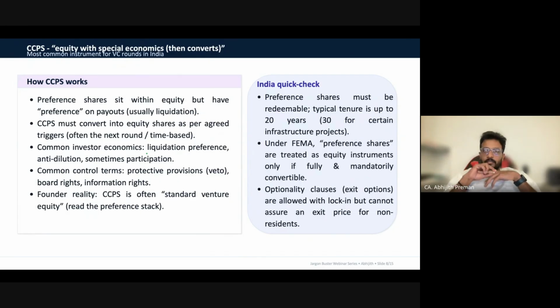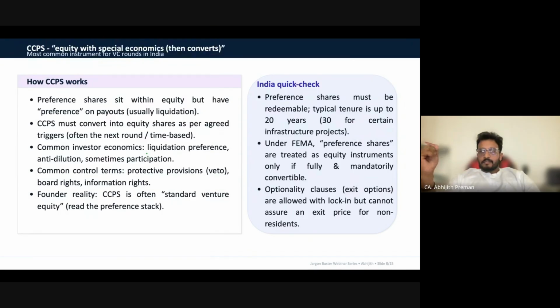Then anti-dilution. What does anti-dilution mean? If you're going for a down round, for example, you raised from this particular investor at 30 crore, and in the next round you are forced to raise at 20 crore. Business is not going well, or for some reason 30 crore is not going to work.